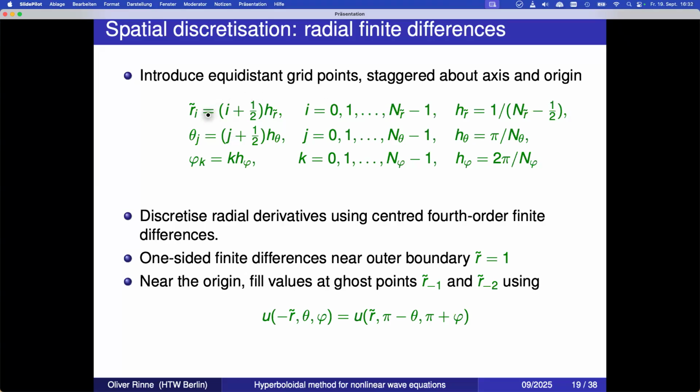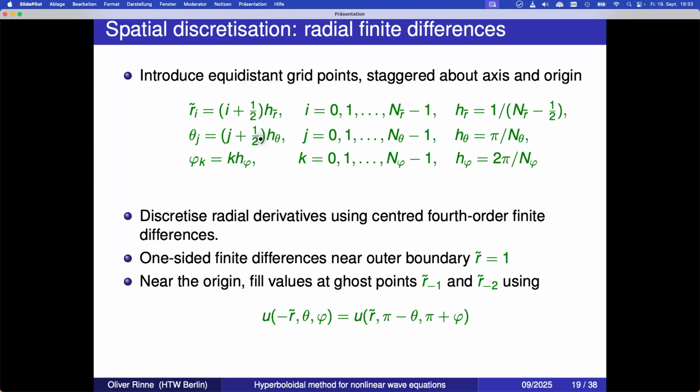I introduce these radial grid points, which look like that. These grid points are staggered about the origin, so there's no grid point at r tilde equals 0, which makes life easier because then you don't need to worry about the 1 over r tilde terms, which you do have in the equations. But the outermost radial grid point is actually at future null infinity, so at r tilde equals 1.